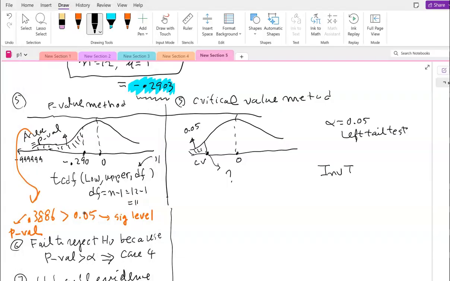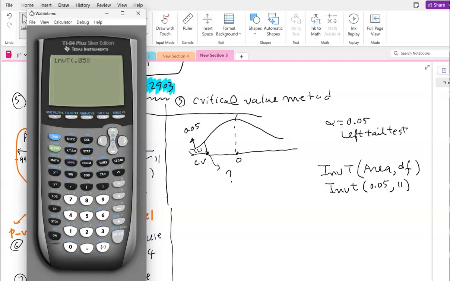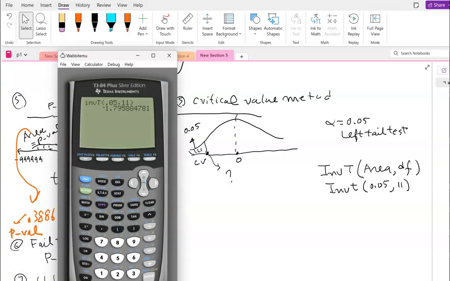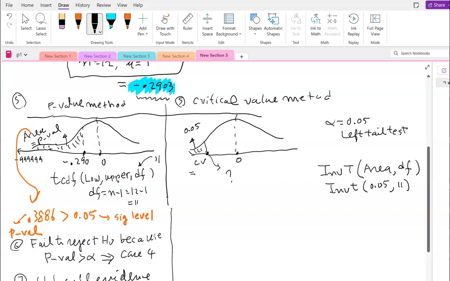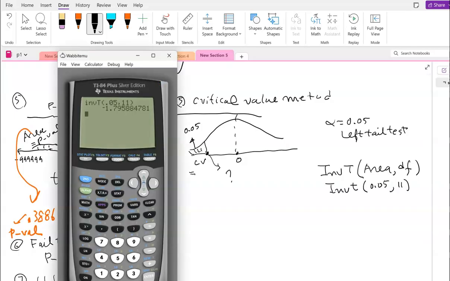Inverse t, and then area, comma, degrees of freedom. So in this case, inverse t 0.05, comma 11. Then it gives you negative 1.796. So the critical value is negative 1.796.